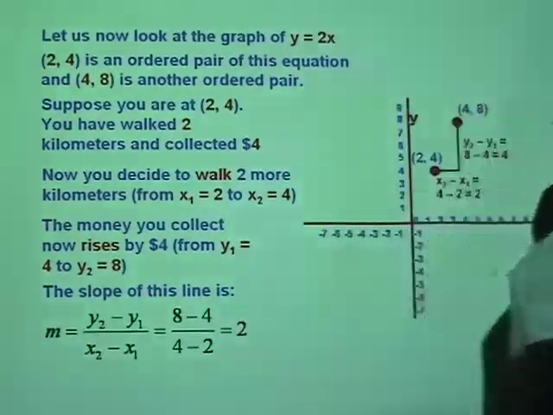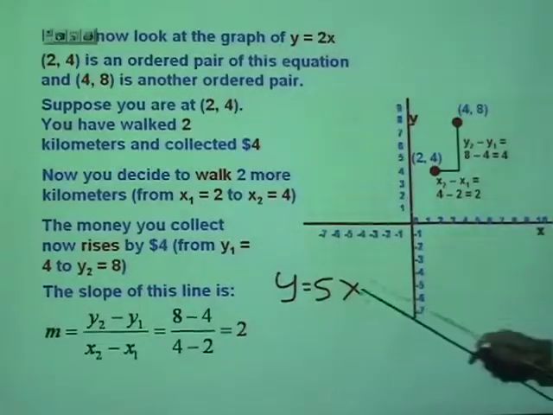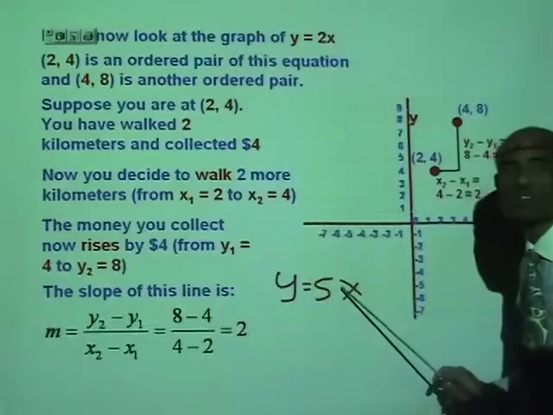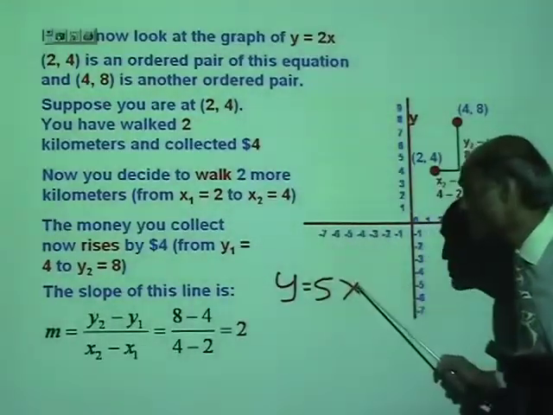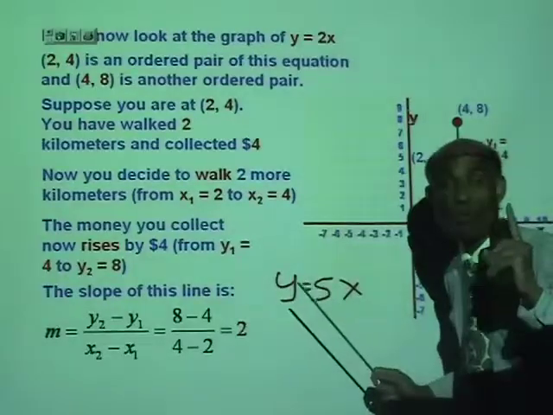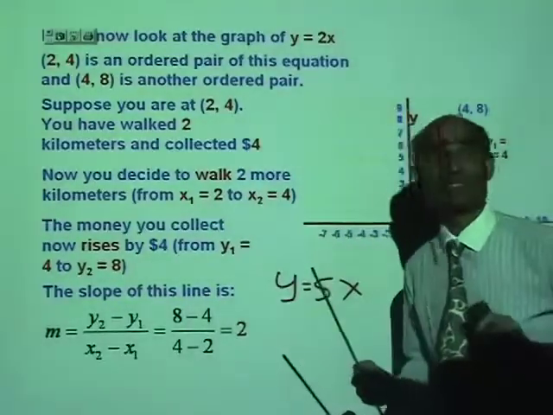Alright, can you then tell me, what is the slope of the graph of the equation y equal to 5x? What is the slope of the graph of this equation? It will be 5, is that right? Every time x changes by 1 unit, y will change by 5 units.